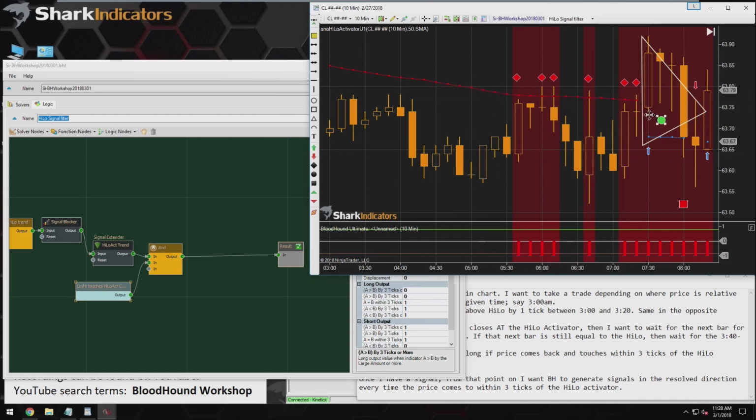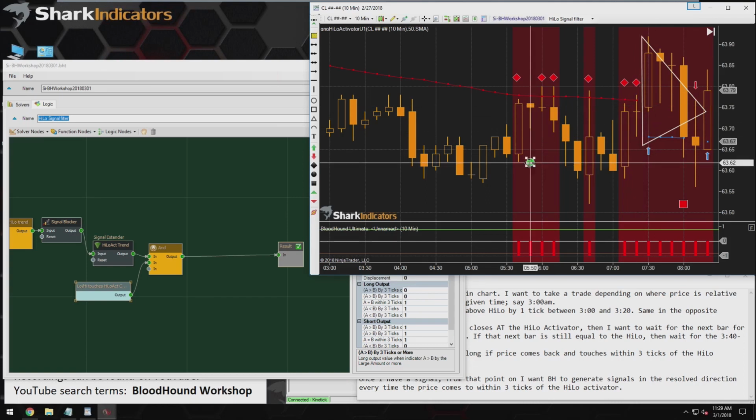Clearly, over here the whole bar is above the high-low indicator, because the low of the bar is above it. Another way we know that is the high-low indicator flipped directions.